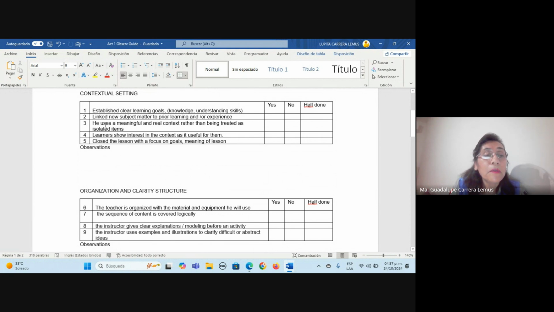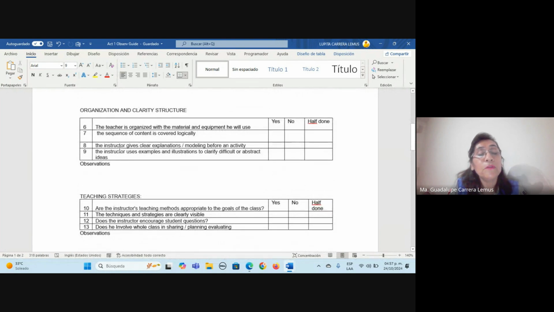And then for every aspect, I have here observations that the observer should write, either positive or negative, or maybe some comments about how to improve, or maybe some advice of what he would do different.